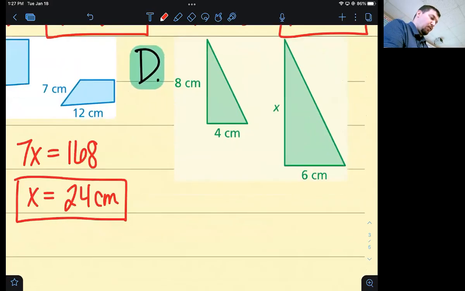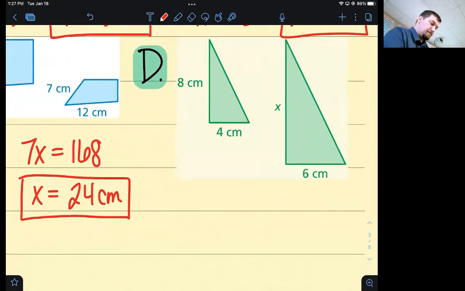Seth, tell me what proportion you would use for example D. Give me one, start with one side.